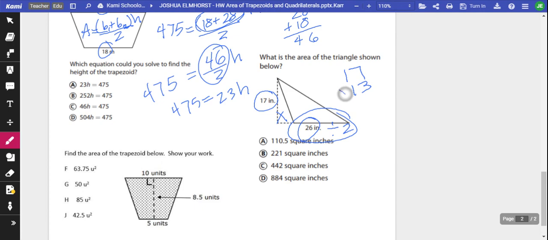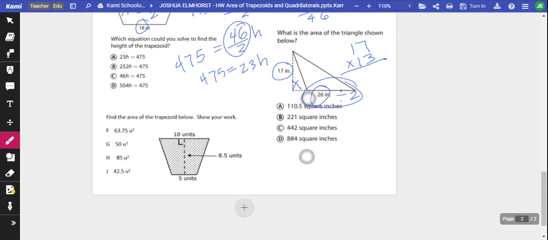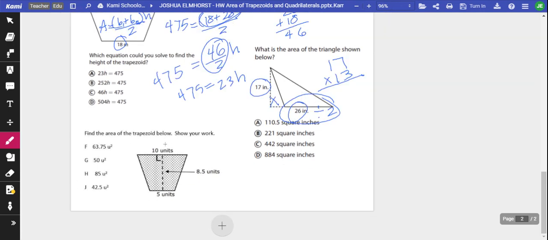So 17 times 13. And area of the trapezoid, so base 1 plus base 2, 5 plus 10, times the height. So 5 plus 10 would be 15, divided by 2 times 8.5.